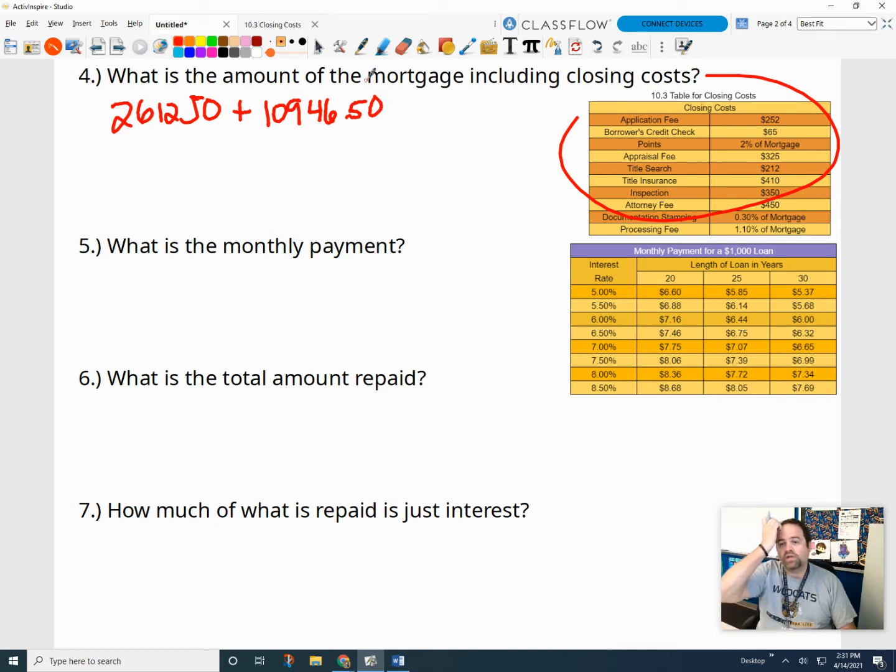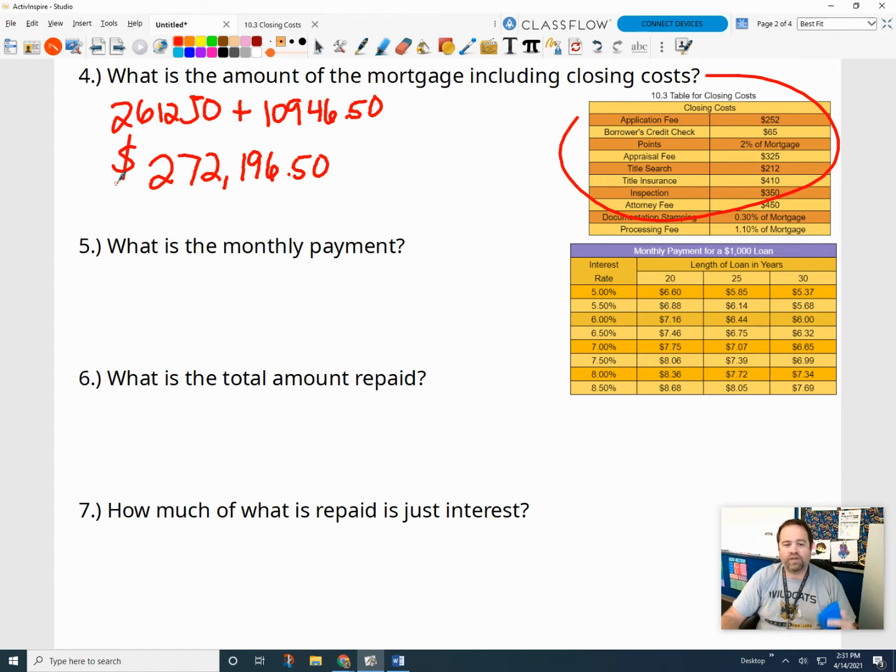That's going to be the amount of his mortgage because the bank is allowing him to roll in the closing costs with what he needs to borrow for the house. So he needs to borrow $272,196.50. Pretty big chunk of change there.